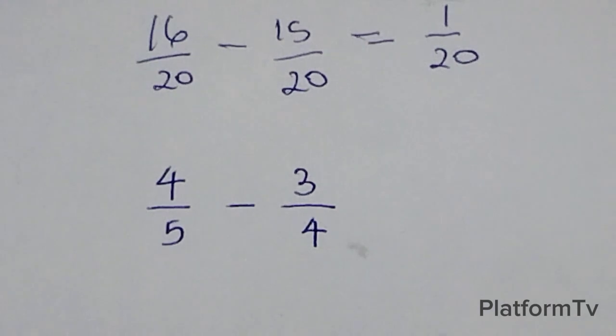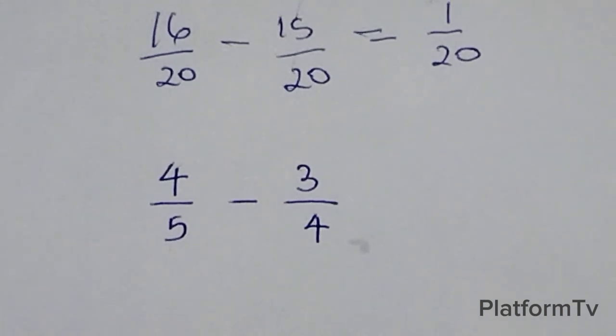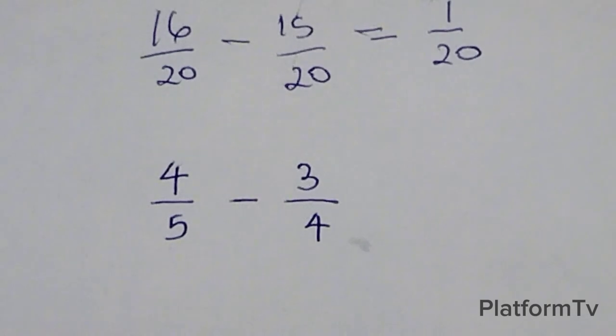In this second method, I'll be looking at the LCM method. The same thing applies like in adding fractions with different denominators, where using the LCM method, we have to find a common denominator between 5 and 4.